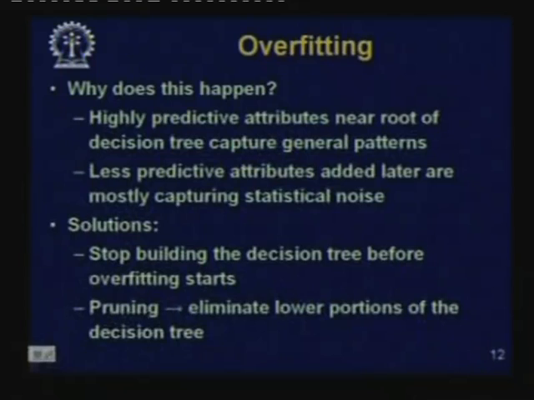The second approach involves pruning. So, we grow the tree quite deep and then we eliminate some lower portions of the tree as a post-processing step. So, stopping the tree while growing, and first growing the tree and then pruning, are two approaches that are used to stop the phenomenon of overfitting.